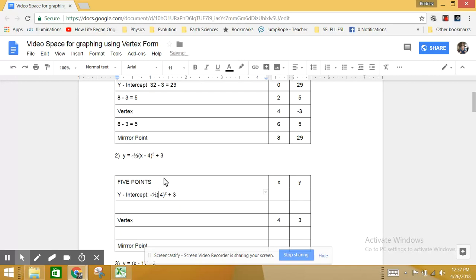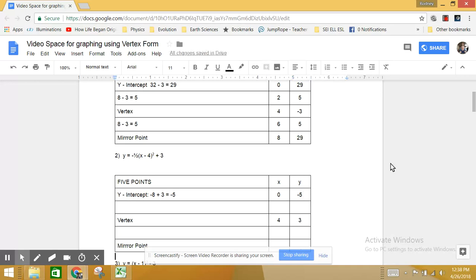Negative 4 squared is negative 4 times negative 4, which is 16. And then I'm going to multiply 16 times negative 1/2. 16 times 1/2 is 8. But if it's negative 1/2, it's negative 8. So now I've got negative 8 plus 3, which is going to equal negative 5. So when x is 0, I have a y-intercept at negative 5.